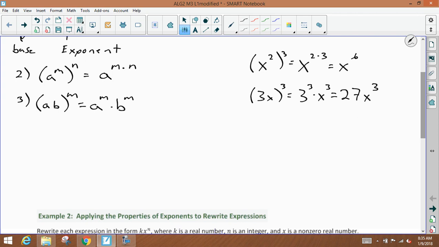Property 4 says that if I have some a to the negative m power, that's the same thing as 1 over a to the positive m.